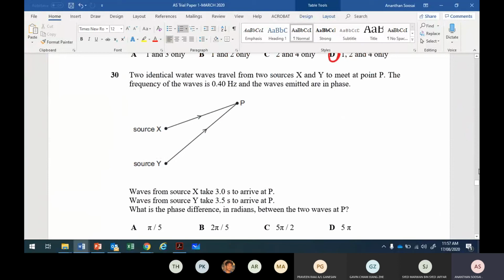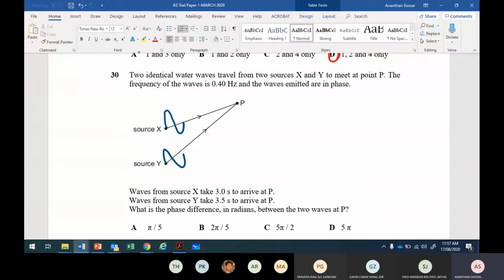It's superposition. When two identical water waves travel x and y to meet at a point P, the frequency of the waves is 0.4 hertz. The waves emitted are in phase. So if this starts with a crest, this also starts with a crest.